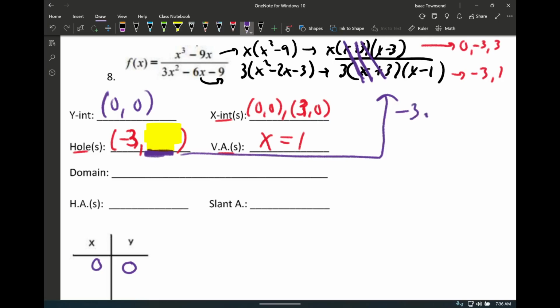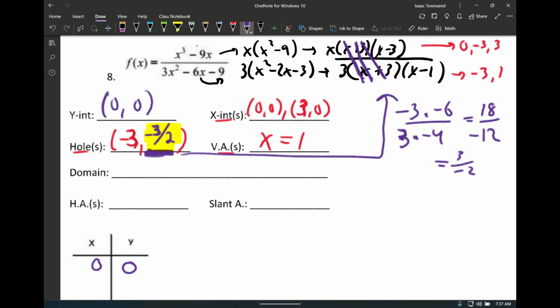So plugging in -3 would give me this on top, so it comes out to be 18. And -12 on bottom. So that reduces to -3/2. Now I guess technically you could have missed that as well and your graph still would have looked the same as the calculator.